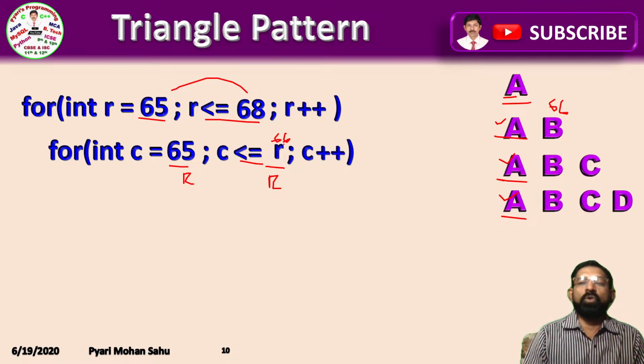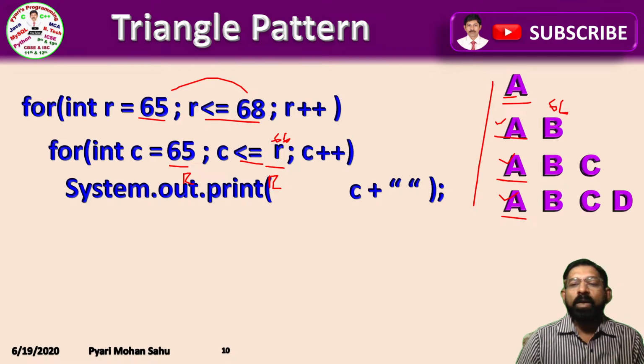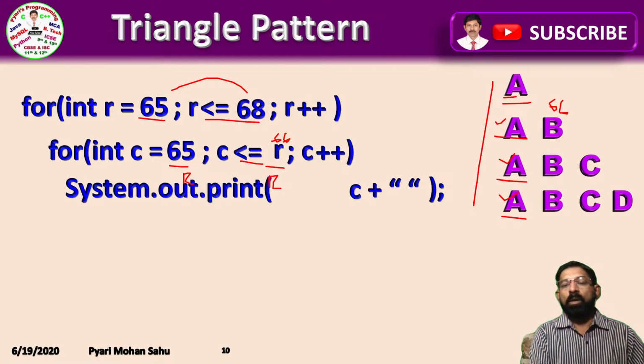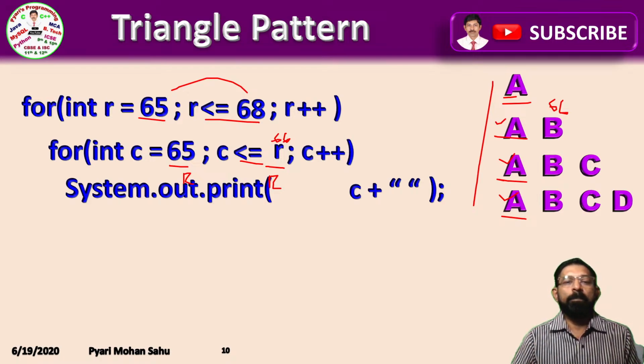Then obviously what should I display? This is a column based pattern. So obviously I will display C over here. But what is missing before C? Understood the question? Something is missing over here. I'm displaying the C value because it is column based.